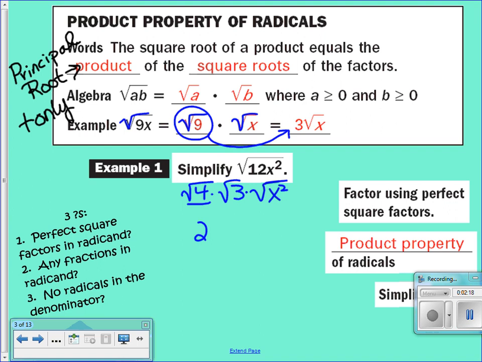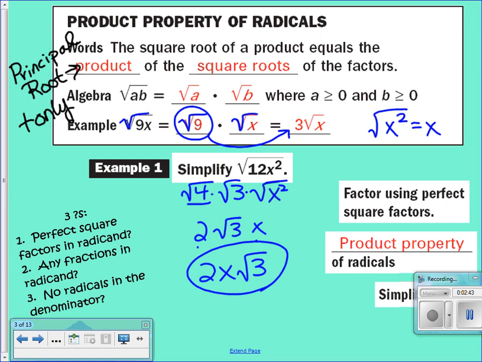I can't solve the square root of 3, and I can solve the square root of x squared. X squared and square roots are complete opposites. So that just means plain old x. Well, now my 2 is on the outside of the radical, my x is on the outside of the radical. Let's put those together, and we get 2x times the square root of 3. That would be your simplified version.